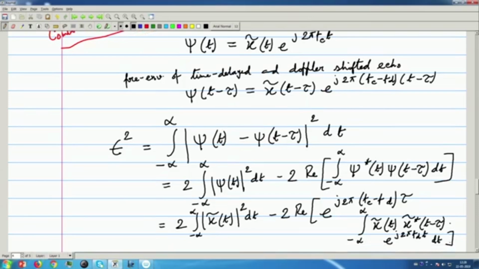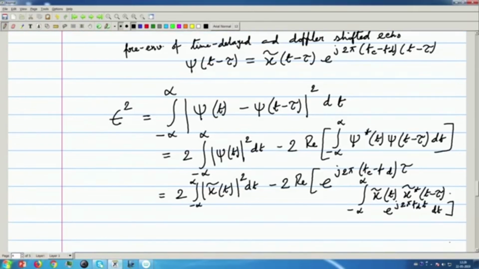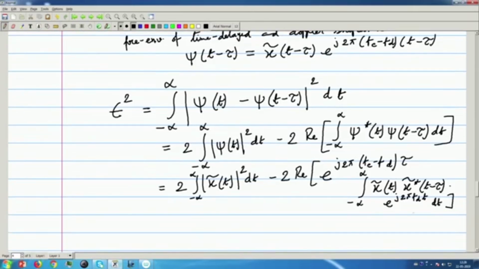So, you see that it is again the correlation function, but there is this Doppler shift here, and here previously it was just a phase dependent or tied to carrier frequency. Now, it is f c minus f d. So, again you need to maximize this.